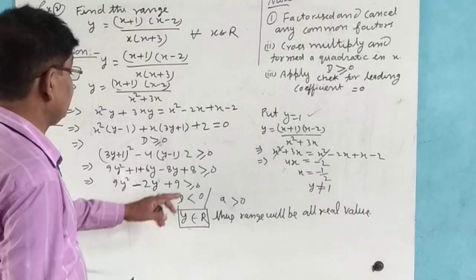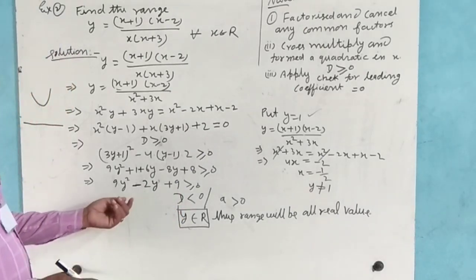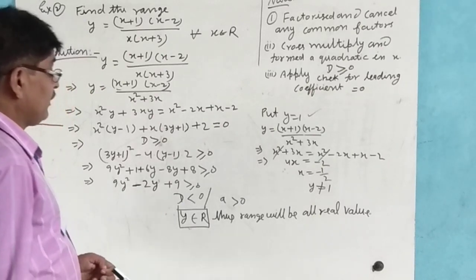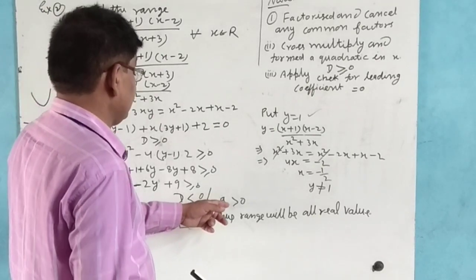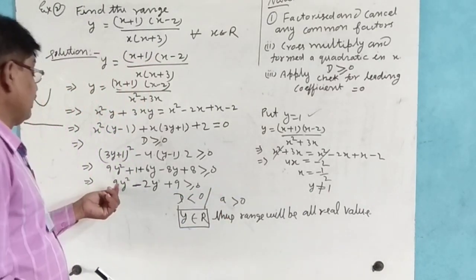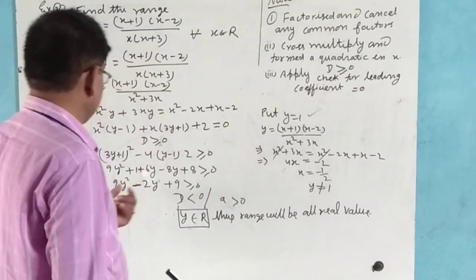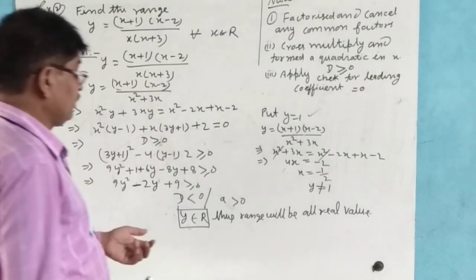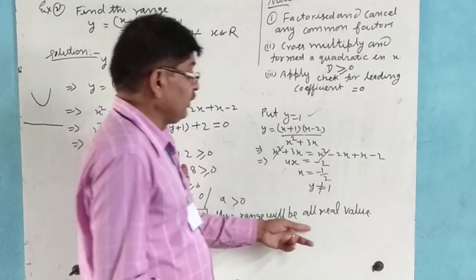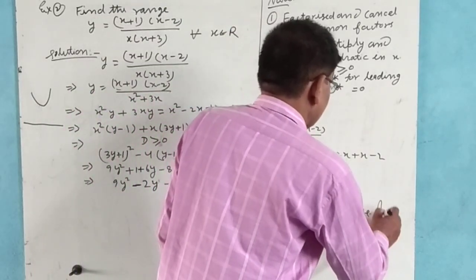D is less than 0, it means that D less than 0. A is the leading coefficient, that is greater than 0, so that y belongs to R, thus the range will be all real values. This is our answer.